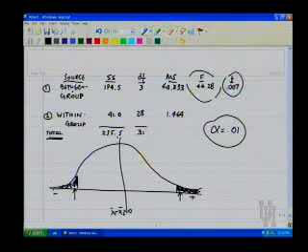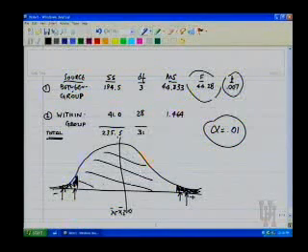If it is in one or other of these shaded regions, then we would reject the null hypothesis, yes? And if it's in this striped region, we would fail to reject the null hypothesis.